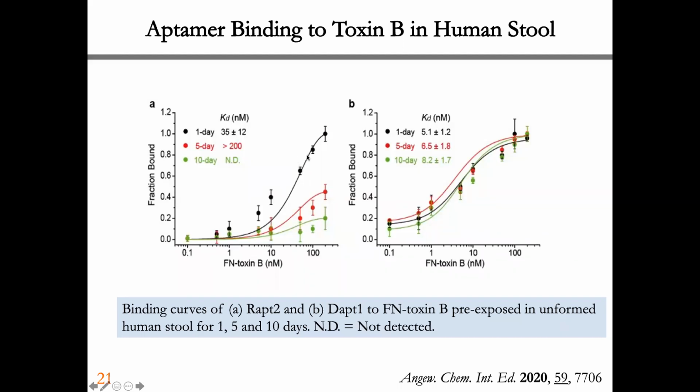As you can see, the binding at the beginning is there, then progressively decreases, and presumably the toxin B is degraded with time. Now this is the new aptamer, and it doesn't matter. It binds to the toxin B spiked in the stool sample within a day, 5 days, and 10 days. So they give a similar binding profile.